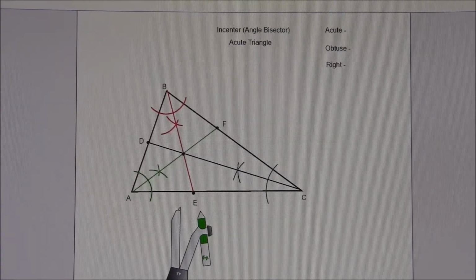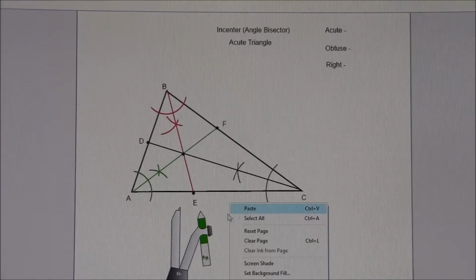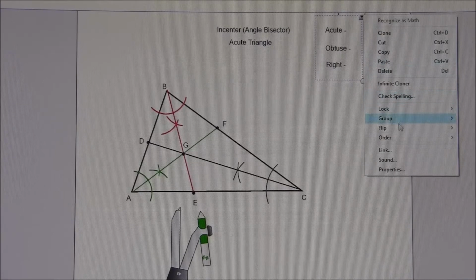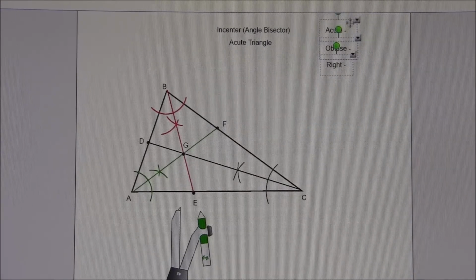Let's call that G. So in this acute triangle, we say that it's on the inside.